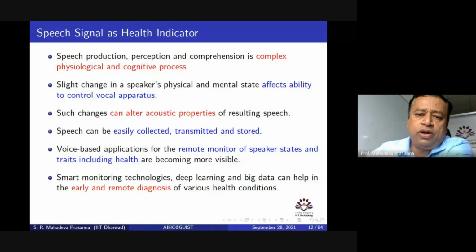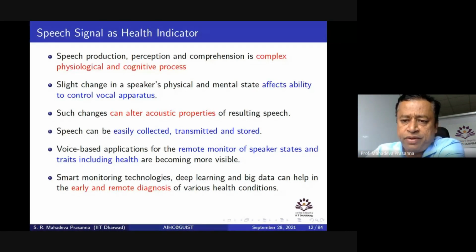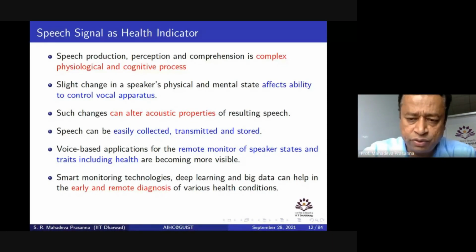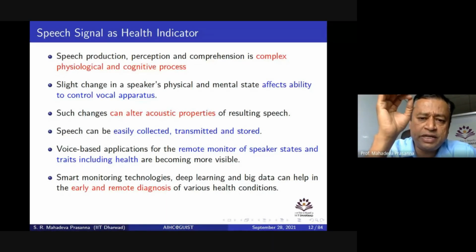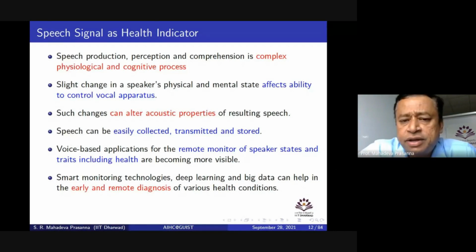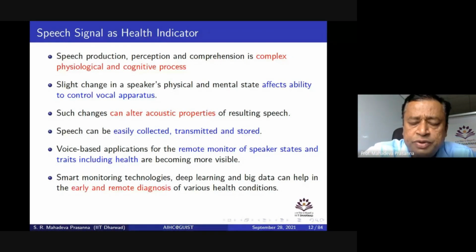So any slight change in the speaker's physical and mental state will affect the ability to control the vocal apparatus, the organs that we use for producing speech, which is normally well controlled in a healthy individual.